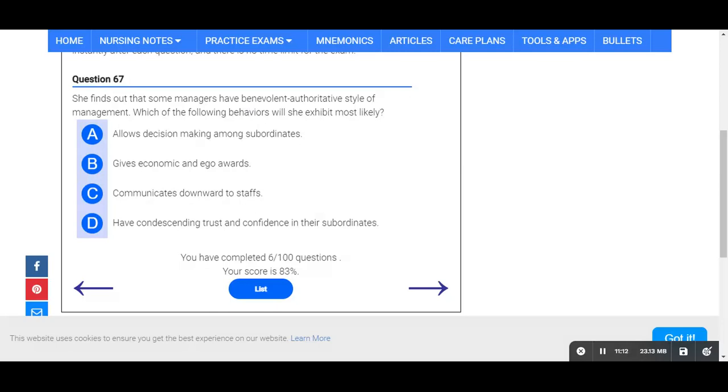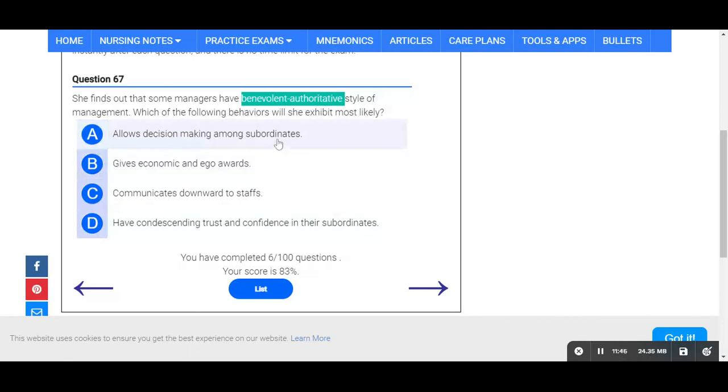She finds out that some managers have benevolent, authoritative style of management. Which of the following behaviors will she exhibit most likely? Okay, benevolent, authoritative style. So it means something good and authoritative. The options: allows decision making among subordinates, gives economic and ego awards, communicates downward to staffs, having condescending trust and confidence in their subordinates.